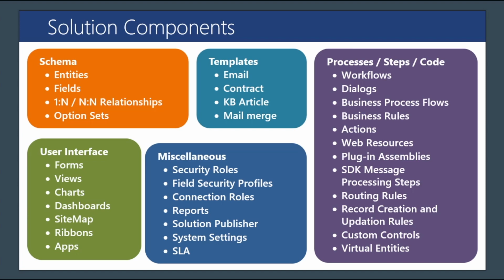And then lastly, in kind of a general category, you have security roles, field security profiles, connection roles, which kind of identify what type of entity you're connecting to, like a contact could be a salesperson, or it could be an employee, or it could be a stakeholder for a project, as an example. Reports, system settings, and then you have your SLA for, of course, your support case.